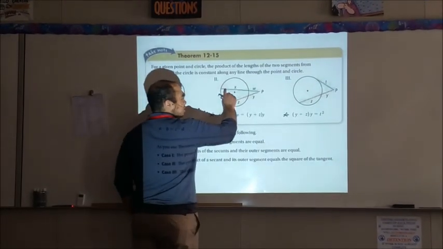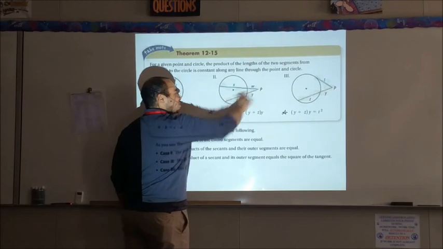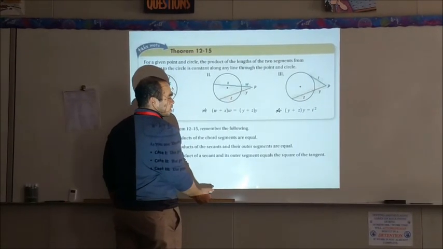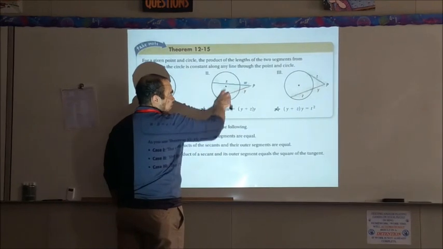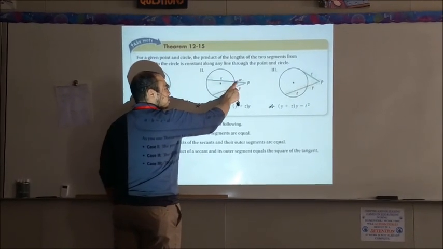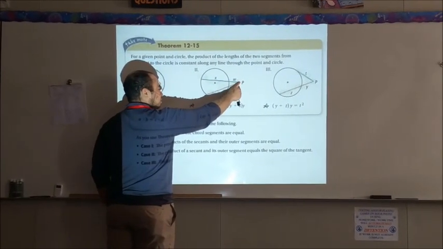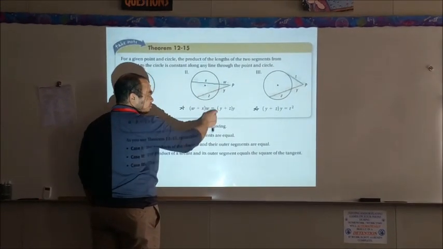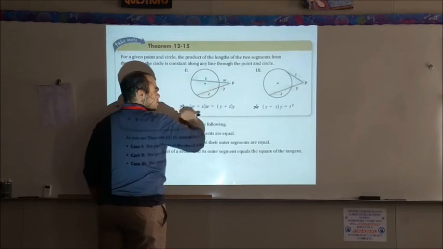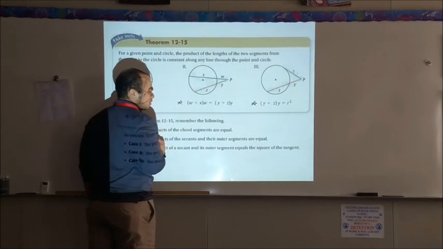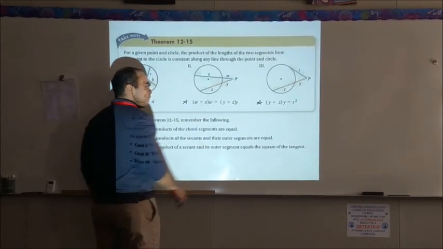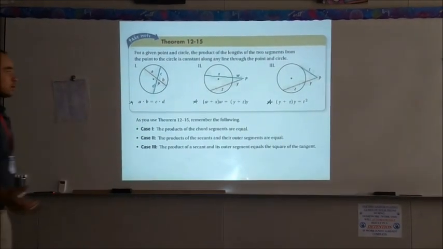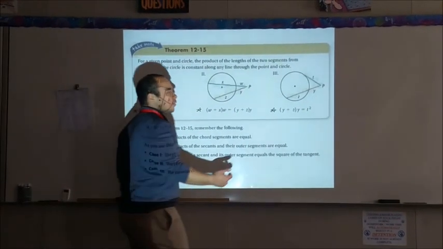If you have two secants meeting outside of the circle, and you're trying to find the length of any one part, you should know that the inner portion plus the outer portion, added together, then multiplied by the outer portion, would be equal to the sum of the two pieces times the outer portion of the other secant. So they're allowing us to solve for missing lengths. And I get this is going to be confusing, but try your best. We'll start identifying these in class tomorrow.